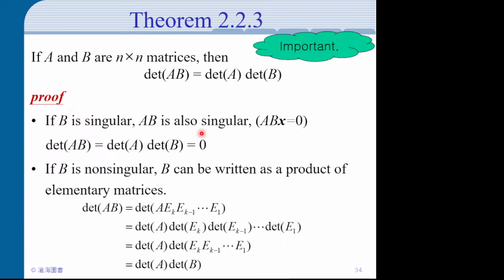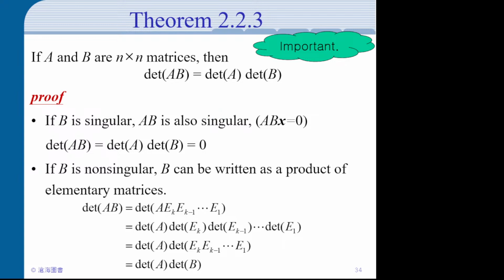So if B is singular, first we need to show that AB is also singular, and here we have a really short proof. So why is it that B singular means AB is also singular? Because we think about how many solutions ABx equal to 0 has.